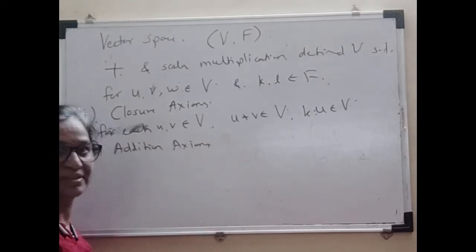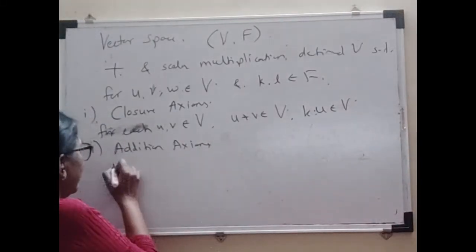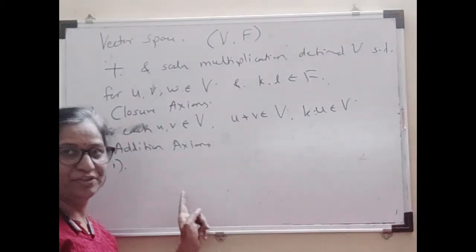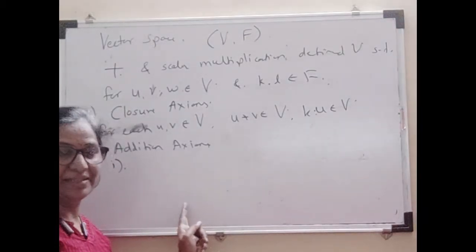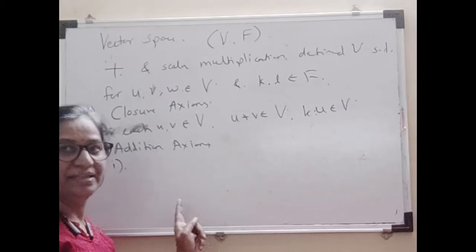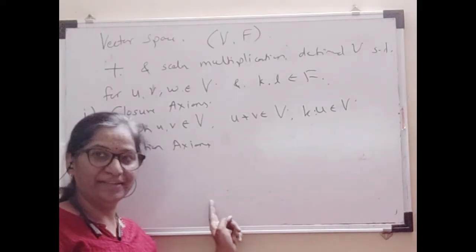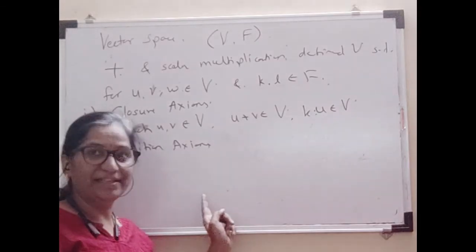Addition axioms. Here, first of all, it should satisfy commutativity, then associativity. There should exist a zero vector or additive identity, and finally additive inverse.